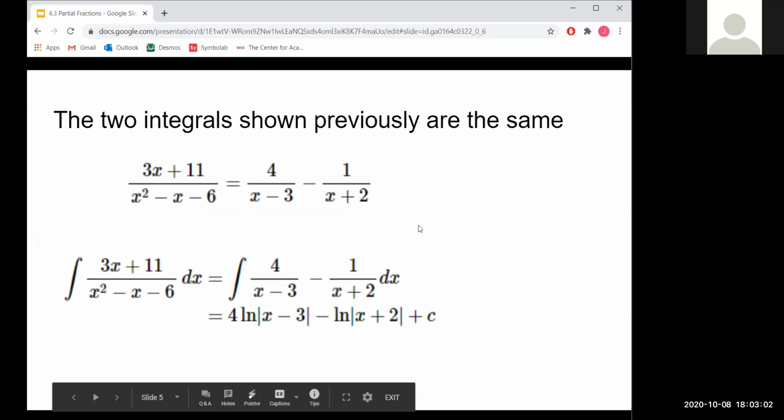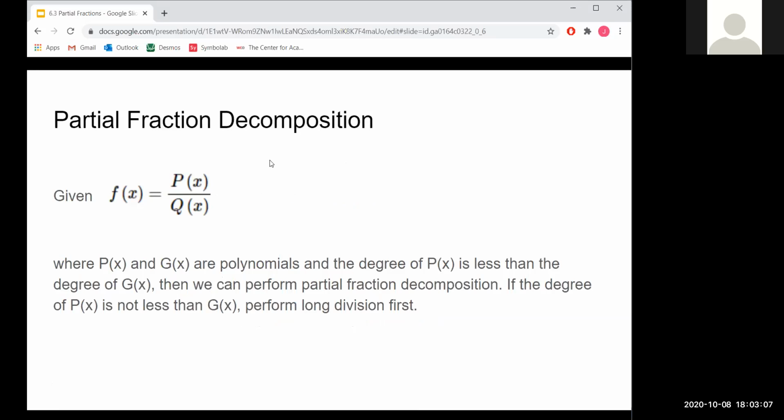Okay, so now let's generalize the process. Partial fraction decomposition. Whenever you're given a function in this form inside the integral, f of x equals p of x over q of x, where the numerator and denominator are polynomials, and the degree of the numerator is less than the degree of the denominator, then we can do this partial fraction decomposition.